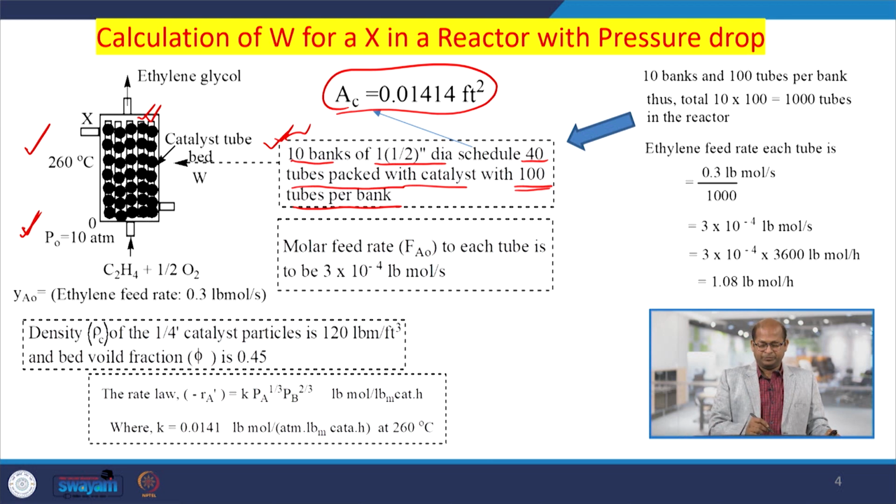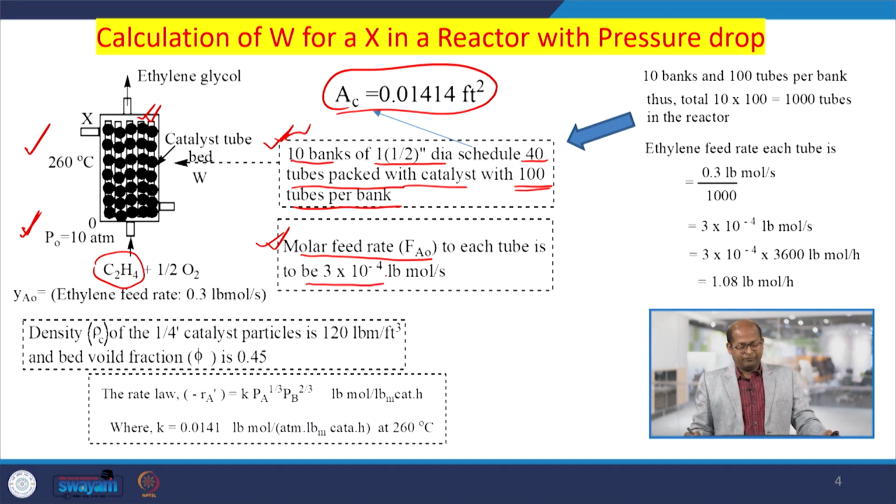Then other information is given: the molar flow rate of component A, ethylene, is given per tube. There are a total of 1000 tubes in the reactor, and for each tube the molar flow rate of ethylene is 3 times 10 to the minus 4 pound mole per second.